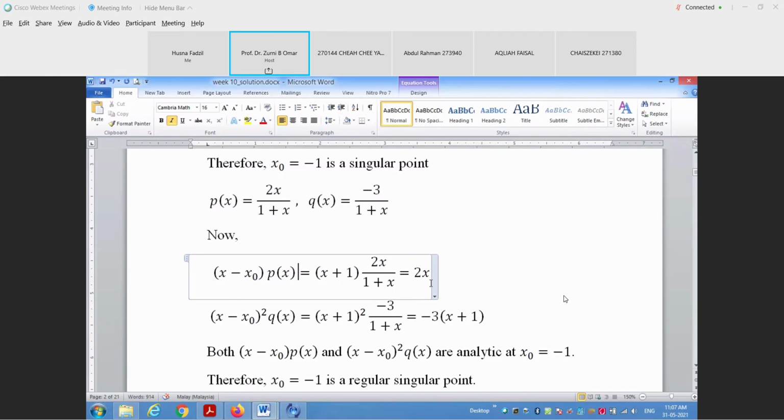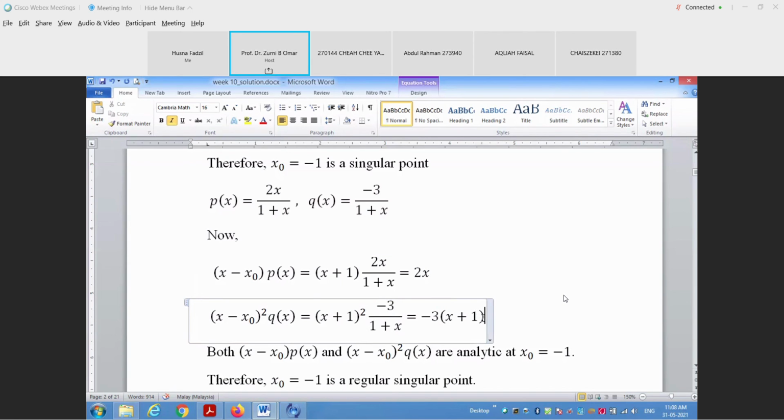Again, I explain one more time. After simplifying, you will get that x minus x naught times p(x) equals 2x, and x minus x naught squared times q(x) becomes minus 3 times x plus 1. If we substitute x with the singular point, which is minus 1, we get minus 2 there. In the second function, we get minus 1 plus 1, which is 0, times minus 3 is equal to 0.